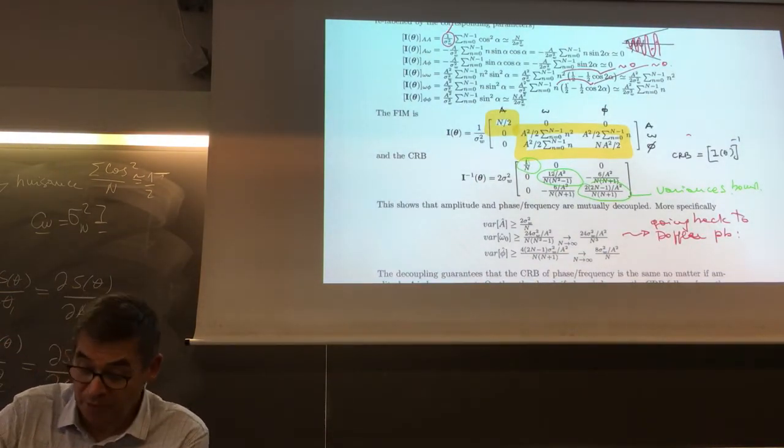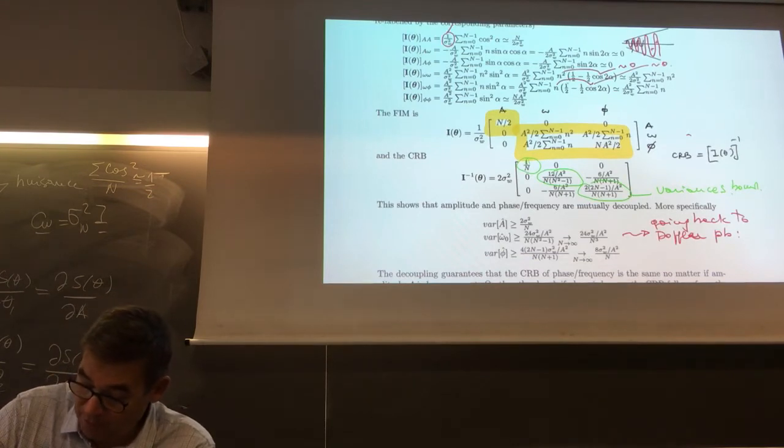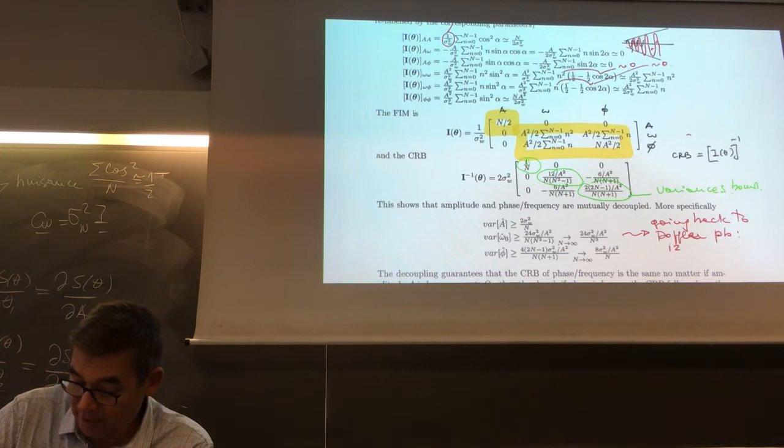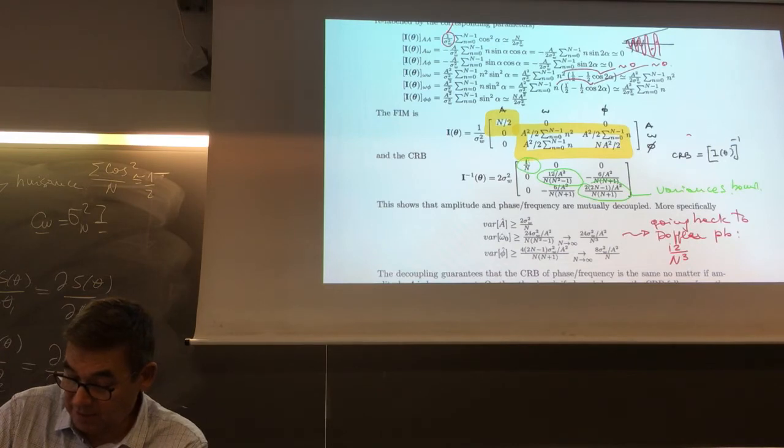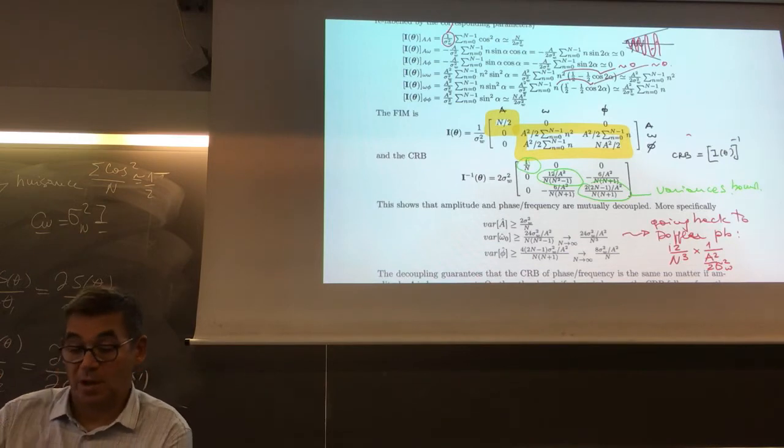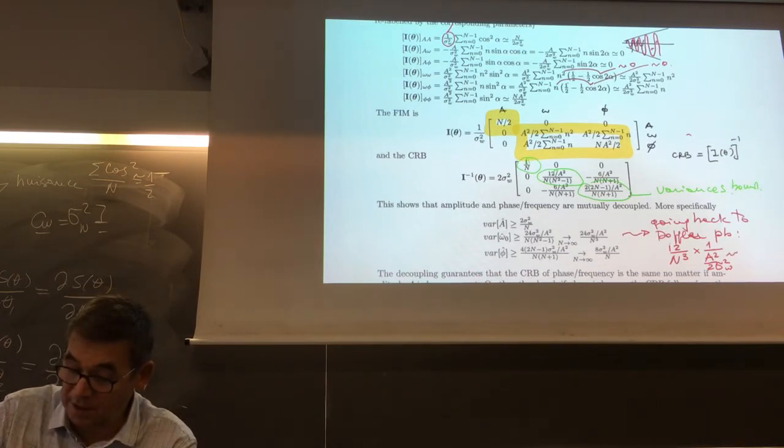Okay, so from the other problem, I can write it as 2L divided by n cubed, and then multiplied by 1 over a squared divided by 2 times sigma squared, which is what I indicate as signal to noise ratio.